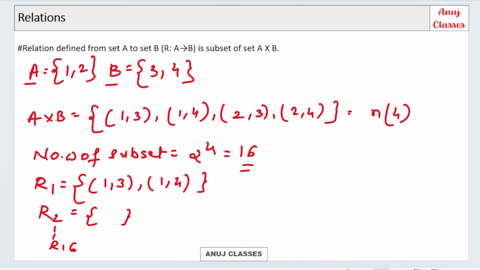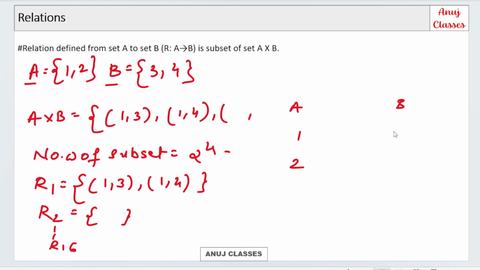Now I'll briefly also explain how we will draw the arrow diagram. So suppose this is A, here there will be B, 1, 2, 3 and 4. We will write this inside a box, and this will be inside a box.